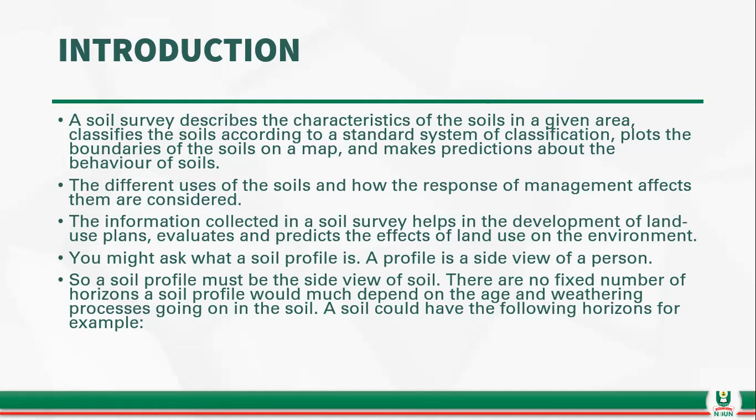So you now see that it is not every soil profile or soil you see that has an O horizon. The O horizon is peculiar to soils that are from probably a forest soil, tropical forest soils, in which the leaves of trees keep falling until they form a flat layer on the soil, in which you see both partially decomposed and completely decomposed parts of the material that are falling on these leaves.